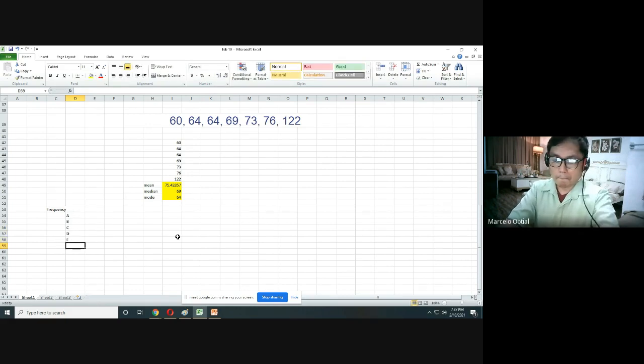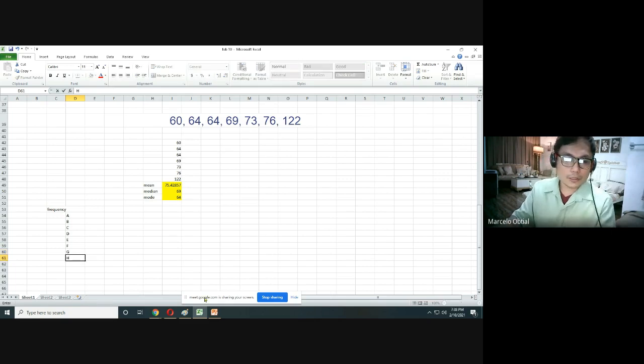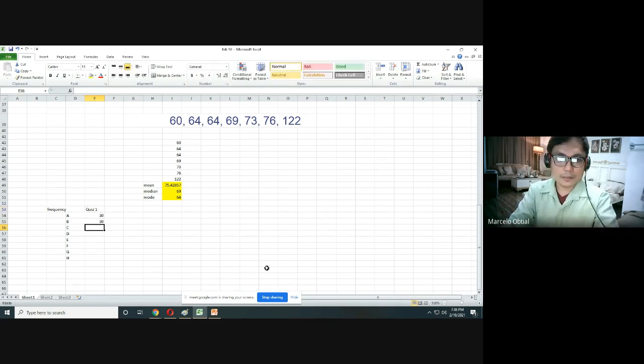Meron kayong 8 estudyante, A, B, C, D, E, F, G, H. Nag-quiz kayo, quiz number 1, out of 30. Isang estudyante, 30, perfect. May isang estudyante din, 12. Isa, 6 lang. Tapos, 15, 15, 15, tapos 20.